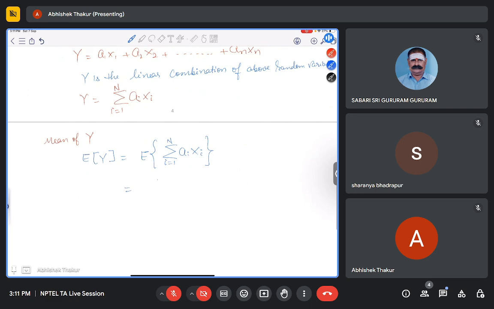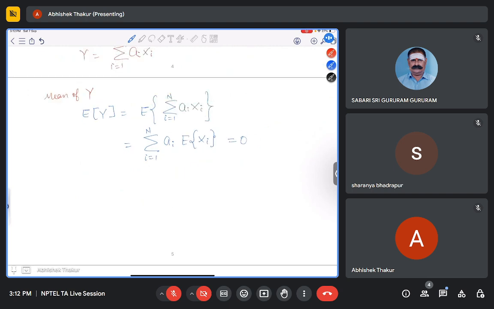The ai will come out because ai is a constant term, leaving expectation of xi. Now we all know that expectation of xi will be 0. So the mean of y will be 0.